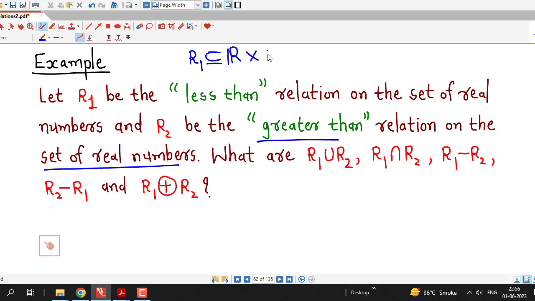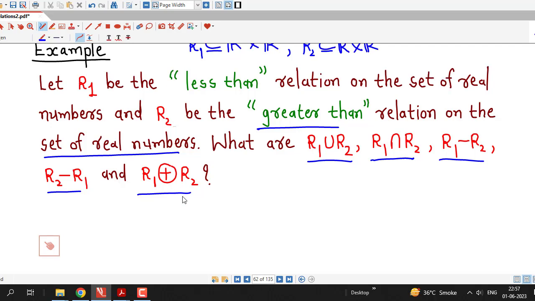That is, R1 and R2 both are subsets of R cross R. And the question is, what are R1 union R2, R1 intersection R2, R1 minus R2, R2 minus R1, and R1 plus R2, or symmetric difference of R1 and R2.